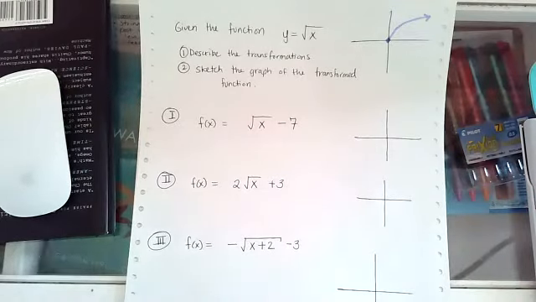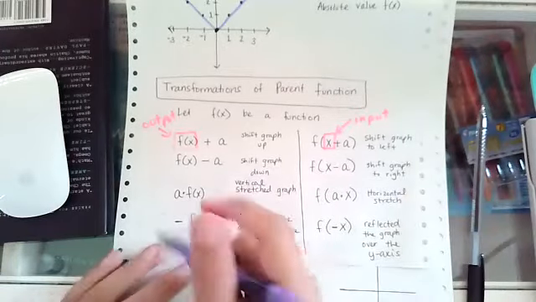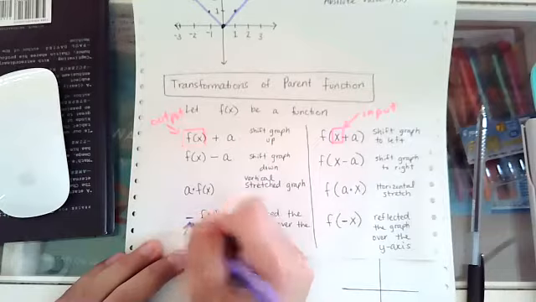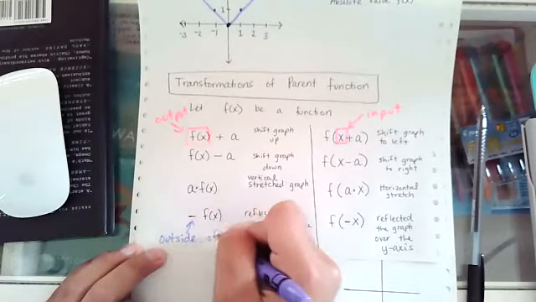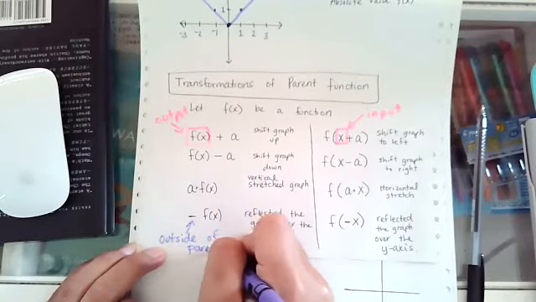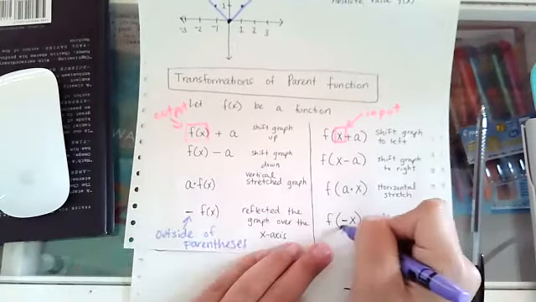All right. So the way I think about these reflection rules, these last ones here, is: is the negative sign on the outside of the parentheses, or is it inside the parentheses? That's how I sort of differentiate these things.